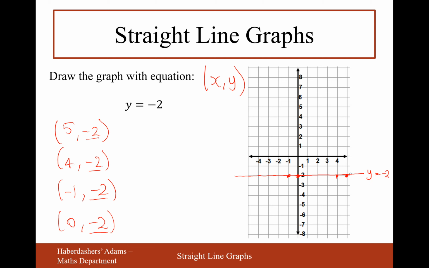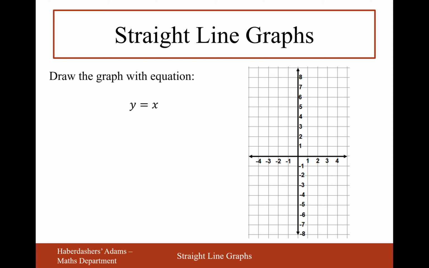All of these coordinates, every single coordinate along here will have a y part of minus 2. Take this coordinate here, for example. This coordinate here would be minus 3, minus 2, because I have to go left by 3, down by 2. So it would be minus 3, minus 2, where the y part of this coordinate is minus 2. So hopefully that's made sense there. It's always the x part first, then the y part second.